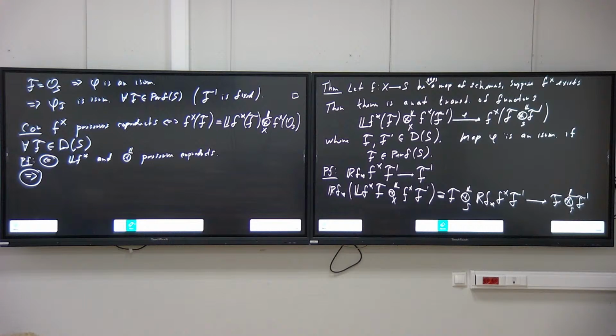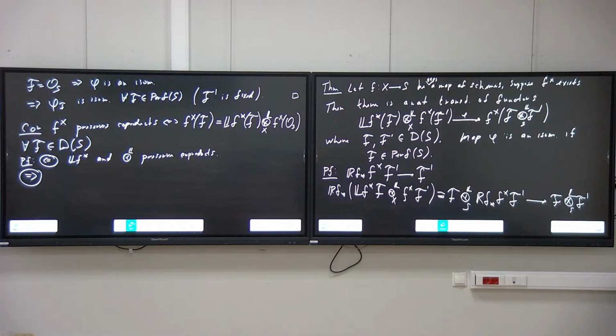And that's something that I get because the subcategory on which this works was thick. But now with this additional assumption that f with the cross preserves coproducts, if I look at the same category where they coincide, this will be a localizing subcategory.